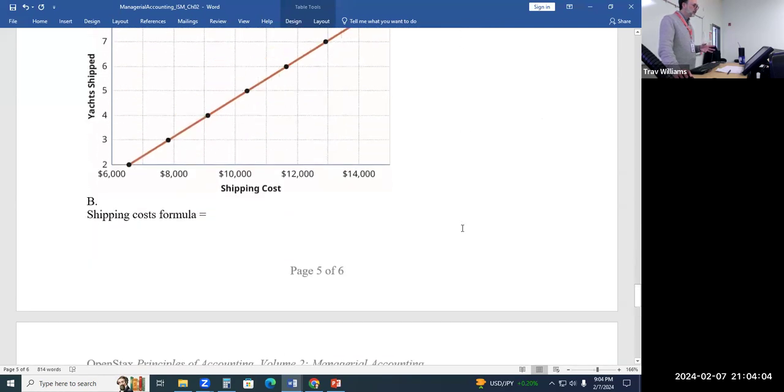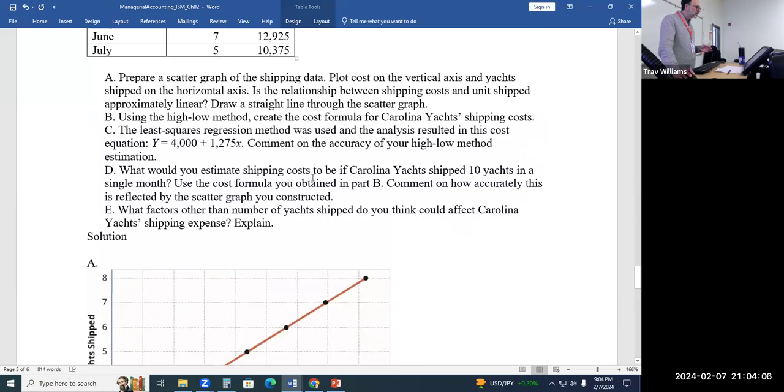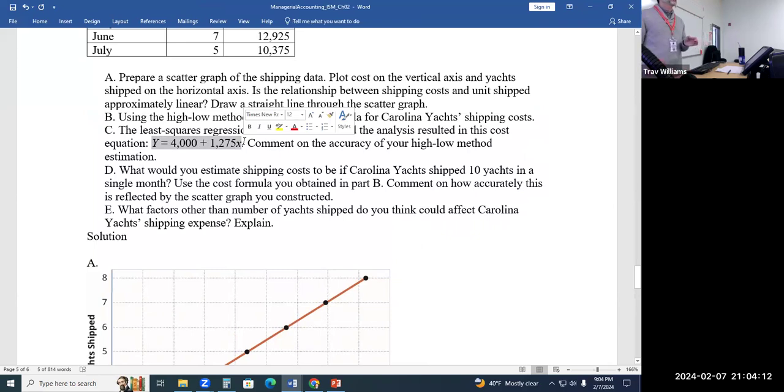And you're pretty much doing the same thing. There are some differences here, like in C. It tells you what formula a least squares regression came up with, and you're going to compare the formula you came up with and see how close it is, okay, to this one.